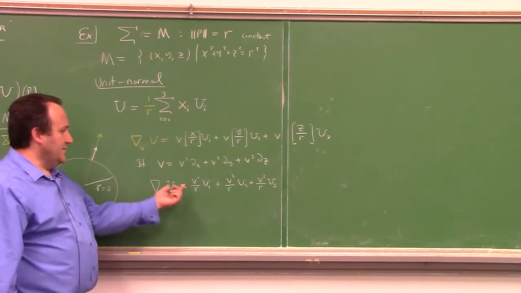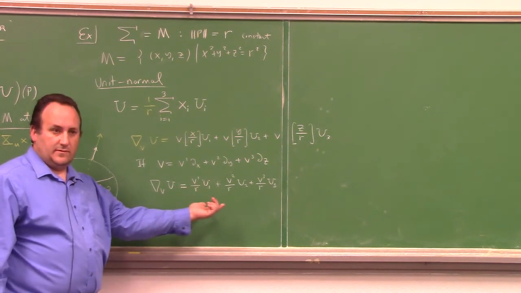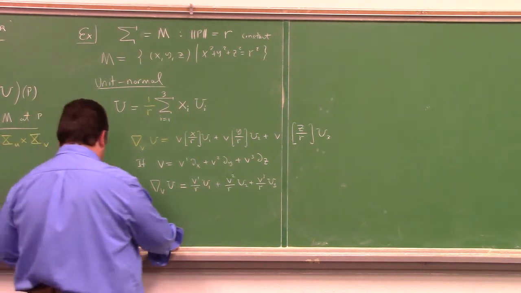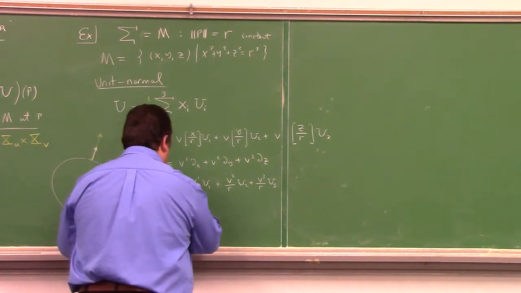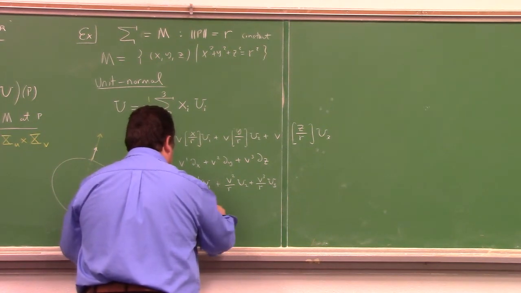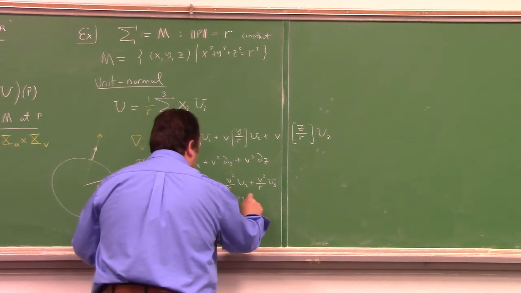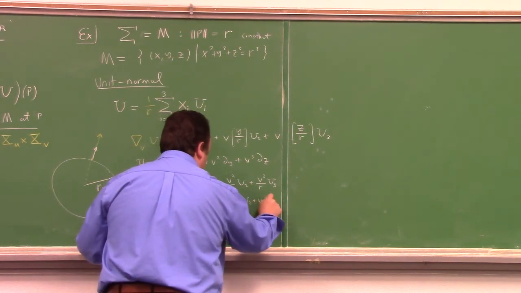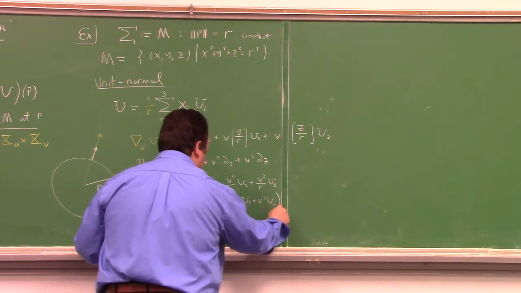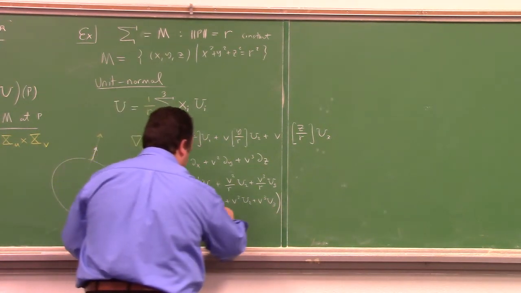But the larger point here is, what is this? This is 1 over r times v1 u1 plus v2 u2 plus v3 u3. What is this right here?